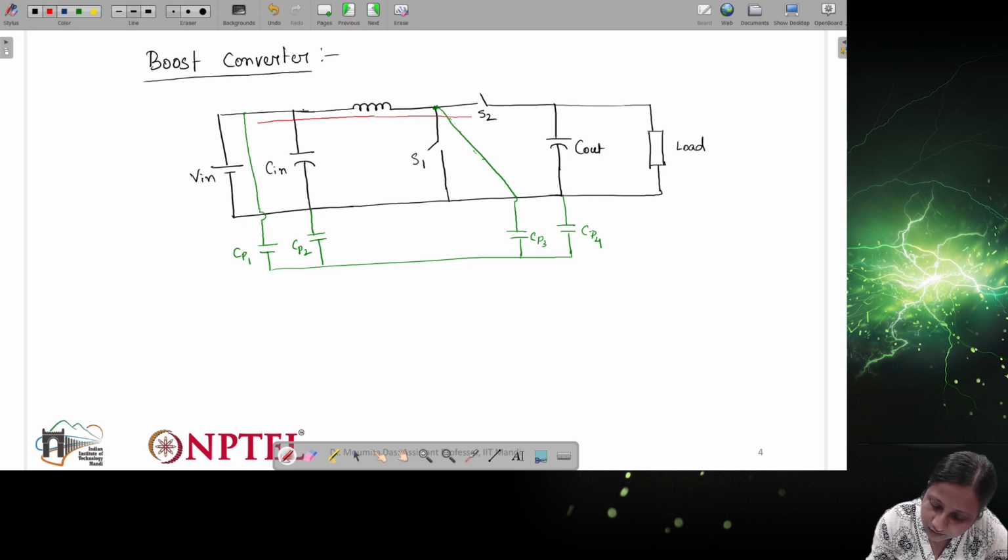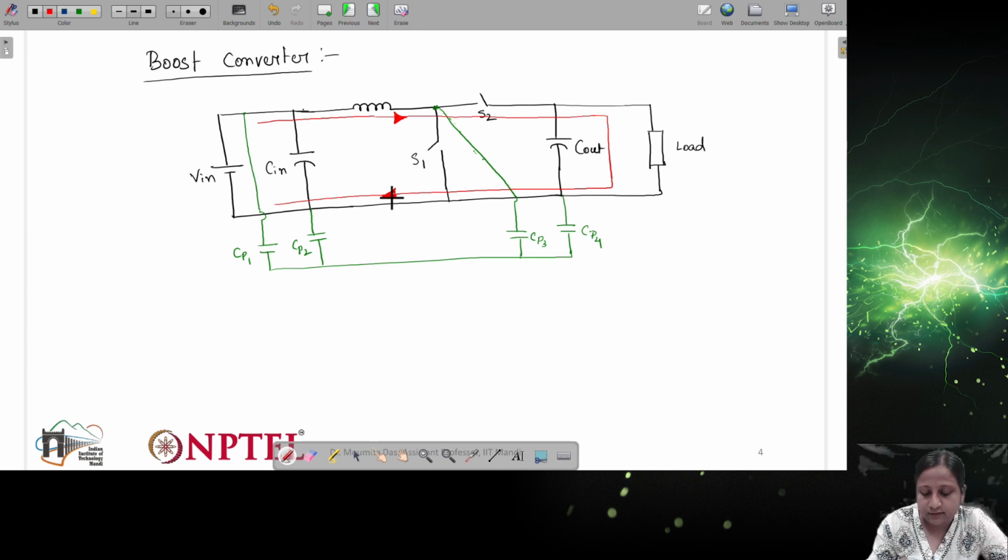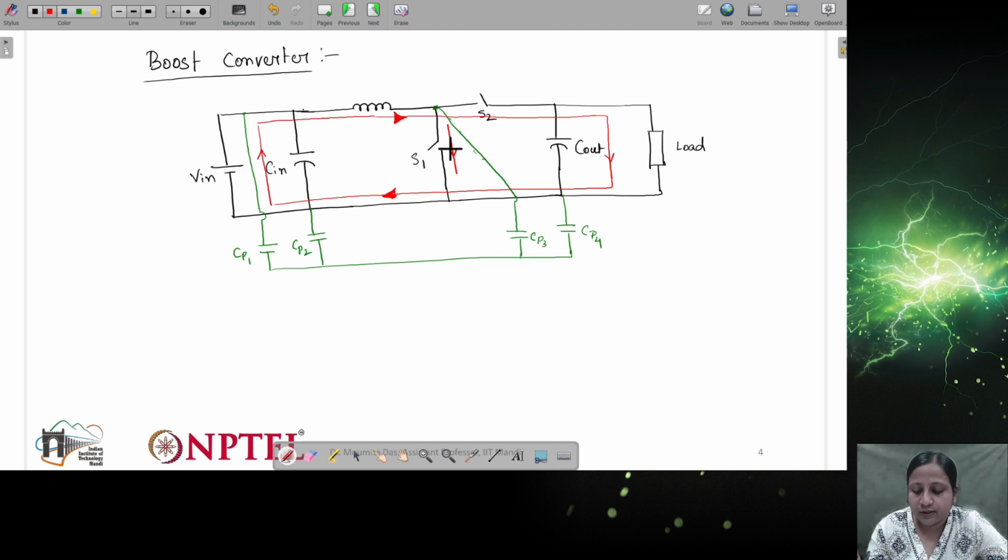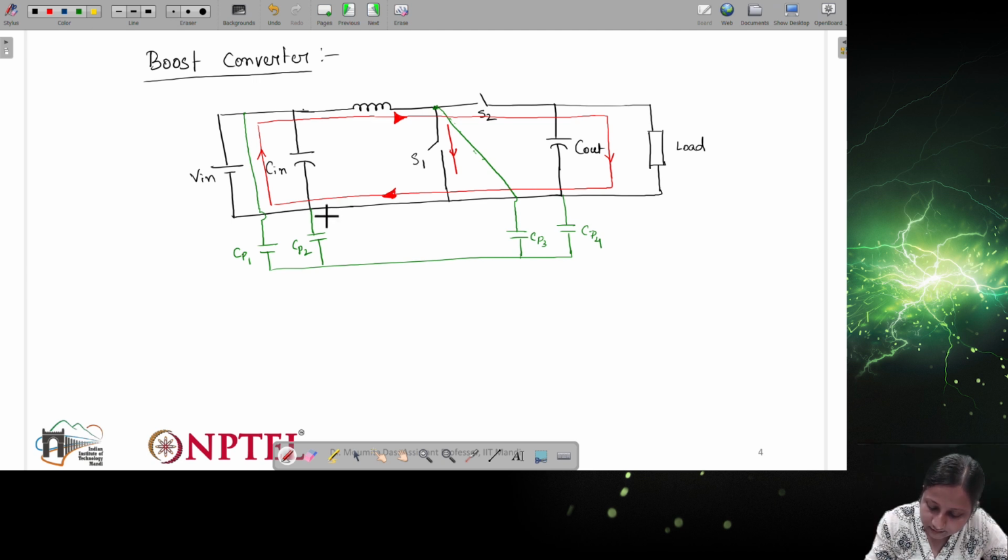Now if I use a similar line color, the DM noise path will be through this with respect to the power signal. So IDM1 will be in this direction and IDM2 will be in this direction. So it will complete the path like this, right? So this is with respect to DM noise, and similarly the CM noise is connected like this.